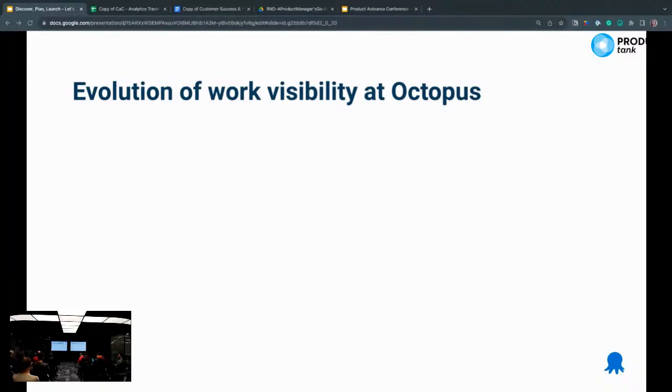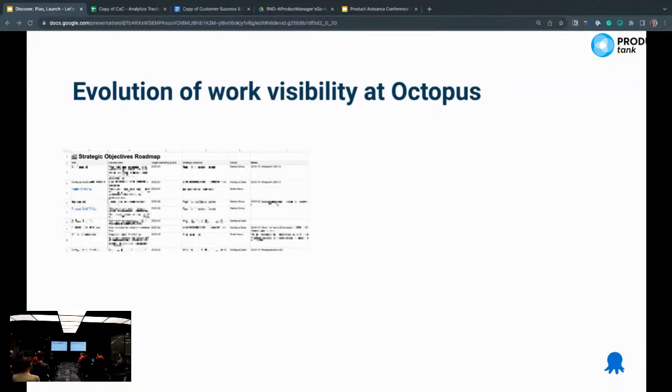And so as we scaled and the number of our teams grew and we started engaging with these larger customers, our stakeholders started finding it difficult to build a view of work in flight and what's coming up next. So our teams used a number of tools to track their work. Some use Trello, some use Jira, some use GitHub issues.